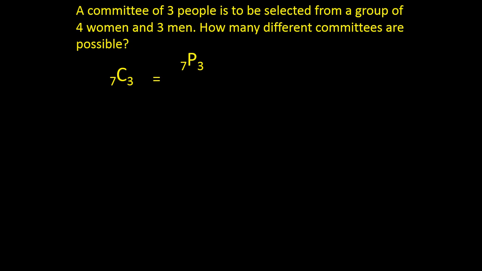In other words, maybe order would make a difference when we choose these 3 people out of the 7, but then we say no, we're over counting by this many times, a permutation of 3 choose 3. So we're going to divide through by all of the repetitions that we're counting over and over again. And if we expand each of these permutations and then simplify, we get 35 possible committees.